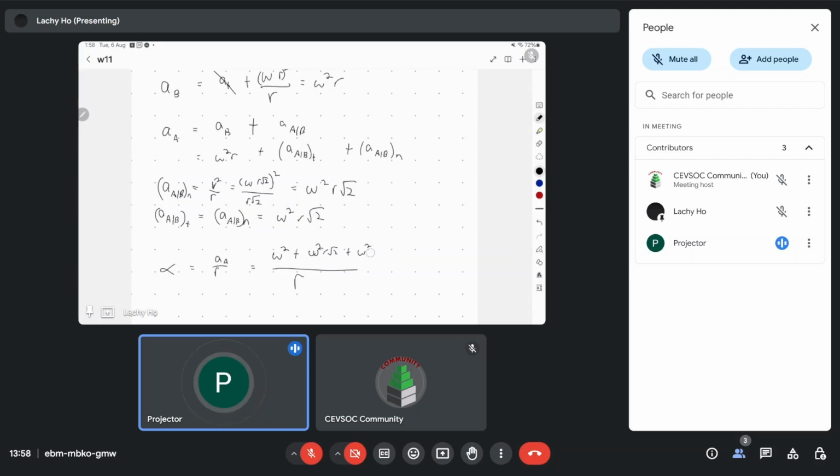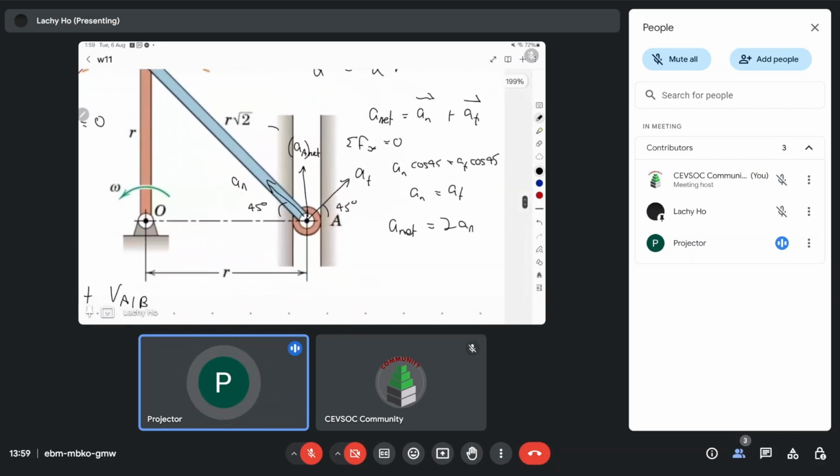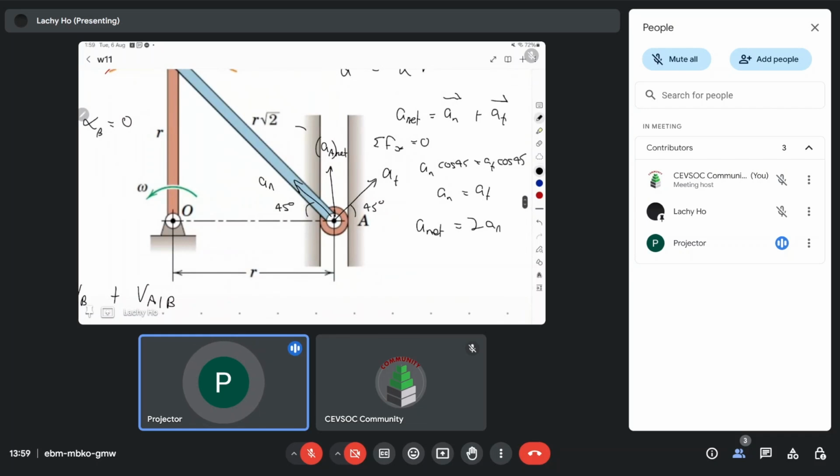Sorry to interrupt. Why did AB tangential and AB radial become the same value? Because when we're up here, we can see that one's going up to the top left, and one's going up to the top right. We know that the net has to be vertically up.